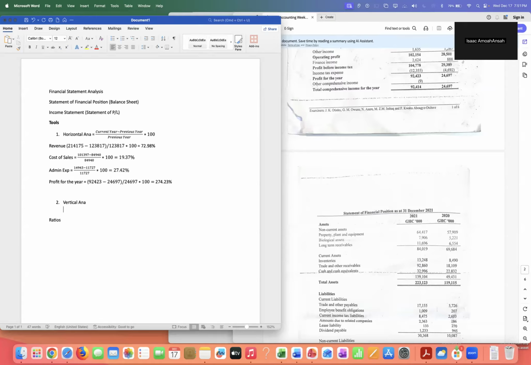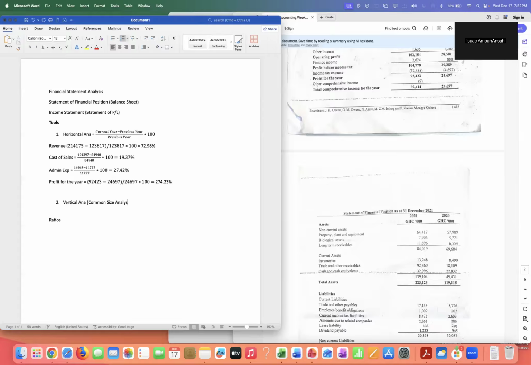We want to note the percentage change or percentage growth in the items that exist on the financials, but here we're looking at it from the year under consideration. The other name for vertical analysis is called common size. Please take note of this name. Common size analysis. This name that I've mentioned is very important.